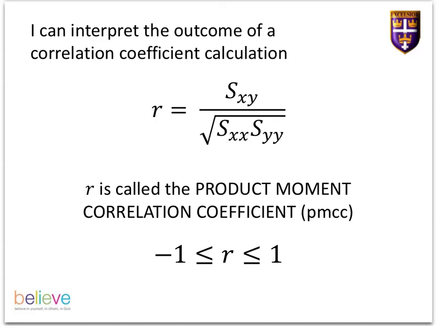So again, to revisit this formula, R is called the product moment correlation coefficient, and this is a measure of how good a correlation is. This can only ever be between -1 and 1, and we should be able to move on to interpreting this in the next couple of slides. Just to take one last good look at this: SXY can be positive or negative.